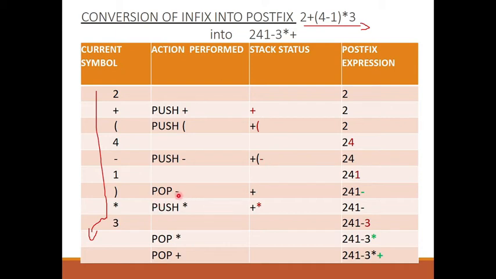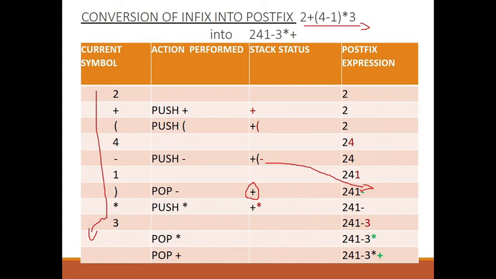So pop minus, and it will be forwarded to the postfix expression. The minus goes here, and then the parentheses will be popped. Both open and close parentheses will be popped. So all that is left on the stack now is only a plus symbol, okay.